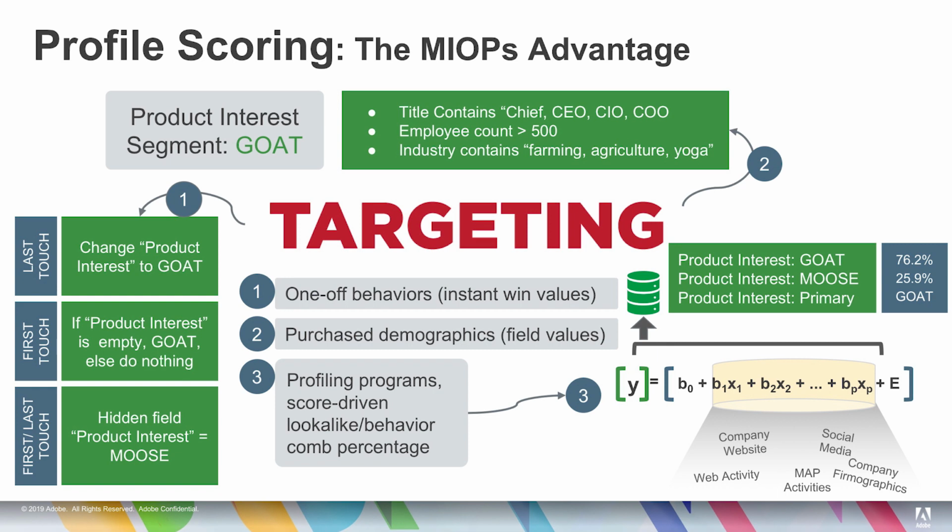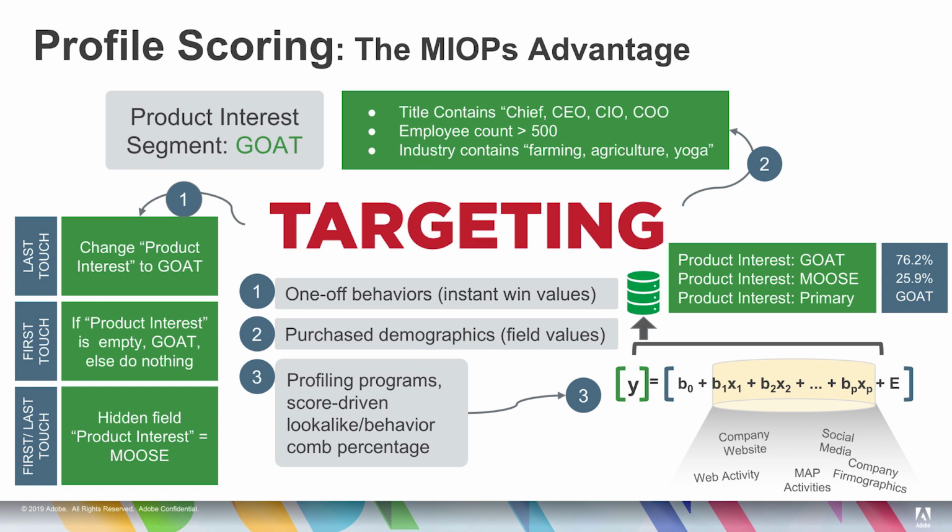That would be our guess based on the target audience. We would say, great, your product interest changes to X, and that stays forever. There are problems with that. It's one-off, not very intelligent, just not very robust.